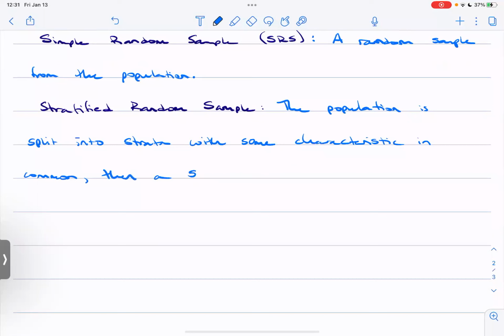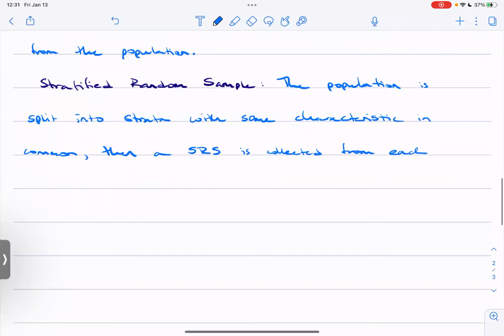Then a simple random sample is collected from each of the strata. They're not necessarily the same sample size from each strata. You can kind of play around with that if you want to. Typically we do use the same, but not necessarily, right?